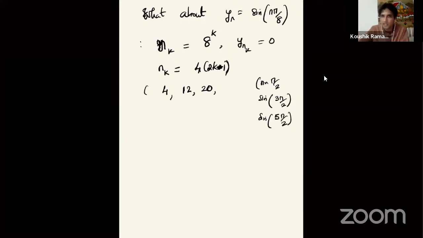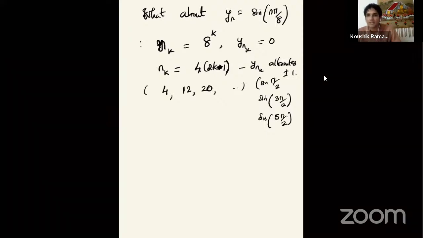Okay. So even here you can choose further. So you write it down properly. If you do this, y_{n_k} alternates between plus 1 and minus 1.